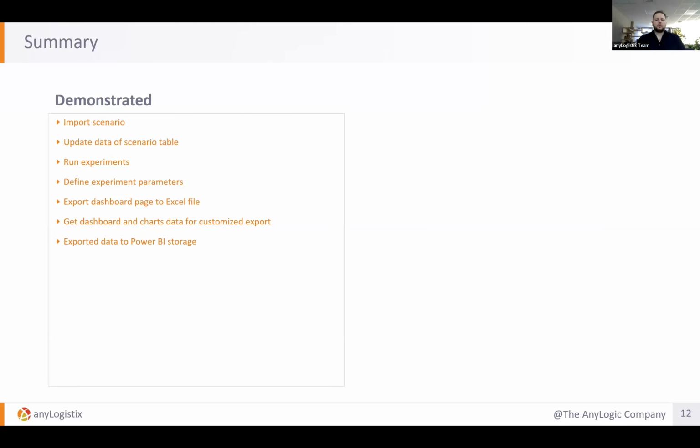First of all, we found out how to import a scenario into anyLogistix, or update the data of an existing scenario. We did some practice with running experiments, defining experiment parameters, and after that, we got the dashboard information.